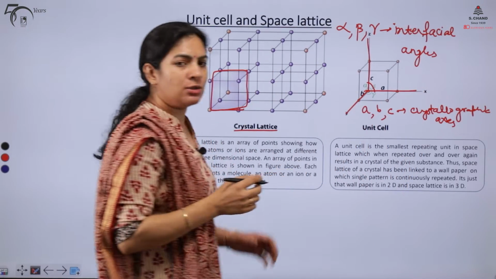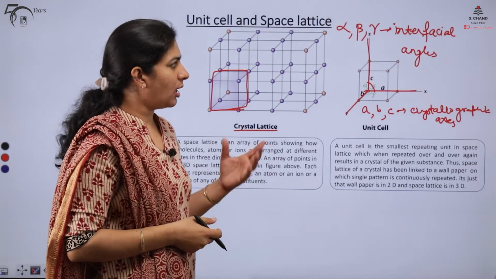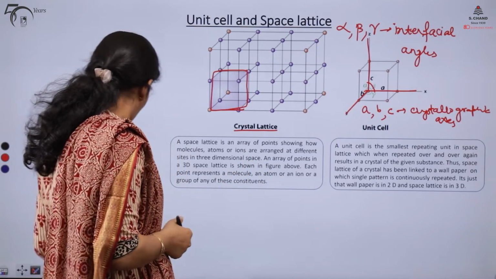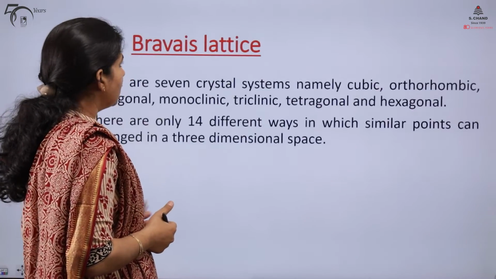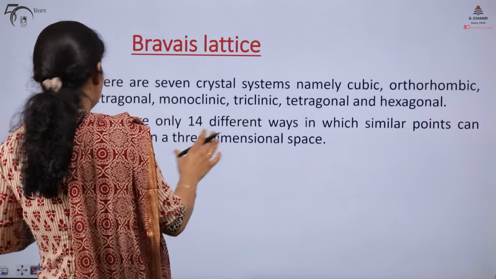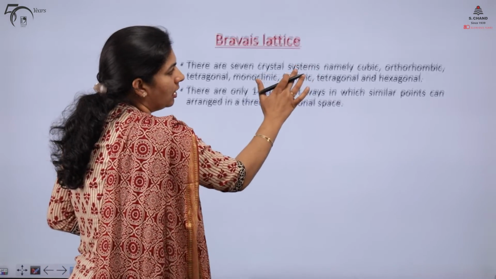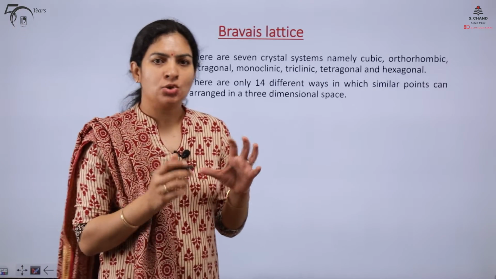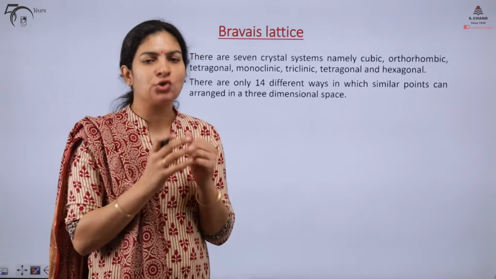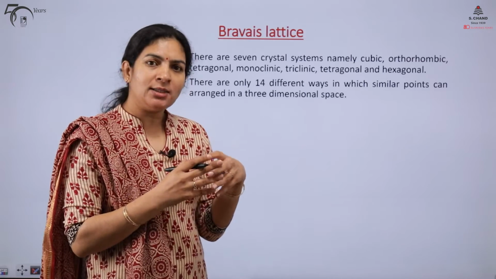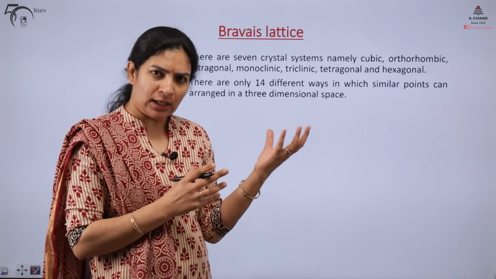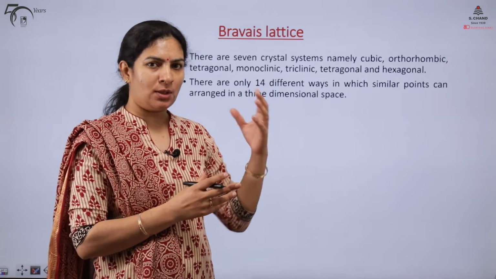These are of course important in order to understand the structure of a solid. Now let us see that these solids, we have understood that solids have certain symmetry elements, solids have crystallographic axes, they have interfacial planes.